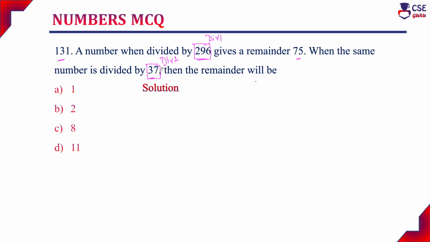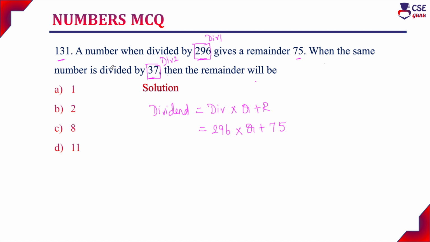So we know the formula. What is the formula? Dividend is divisor into quotient plus remainder. Here the divisor is 296, into quotient, which we don't know, and the remainder is 75.